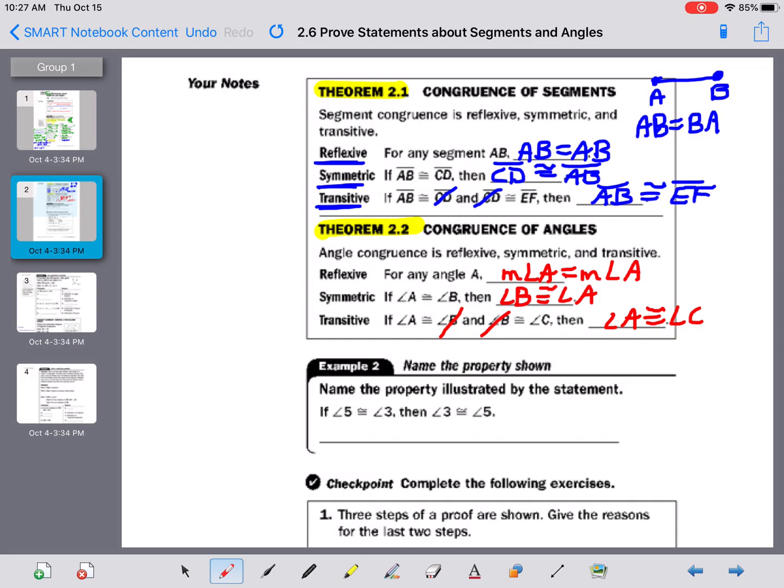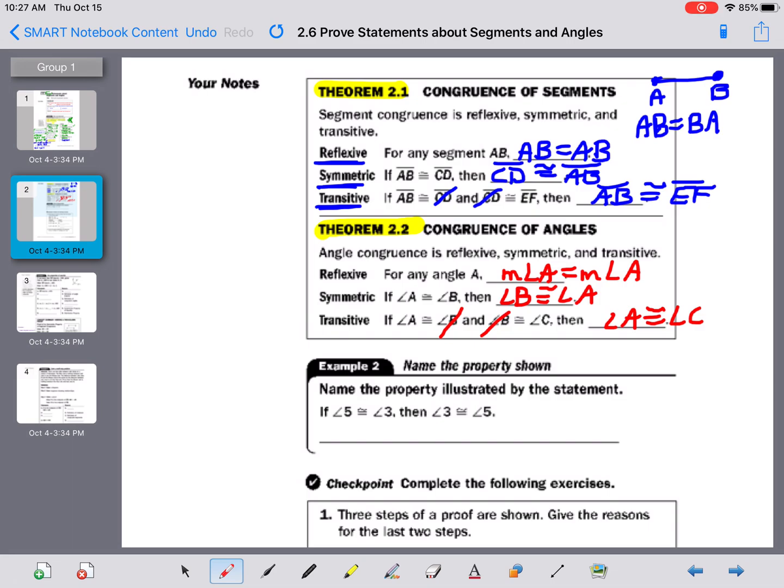I am not going to be picky when you put it on a quiz or test. You do not have to say reflexive property of angles or reflexive property of segments. Just say reflexive, and I'm good with just that, okay? So, the next one, example 2. If angle 5 is congruent to angle 3, then angle 3 is congruent to angle 5. Which property is that?